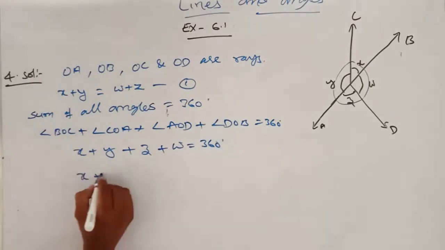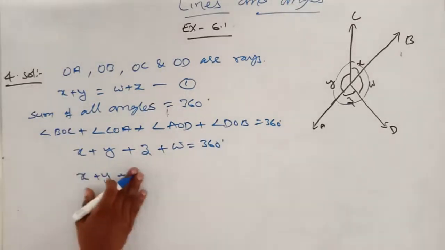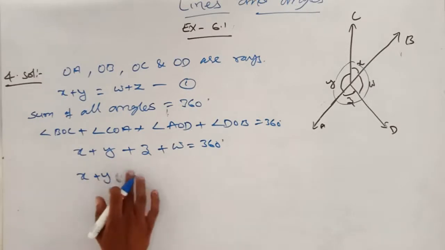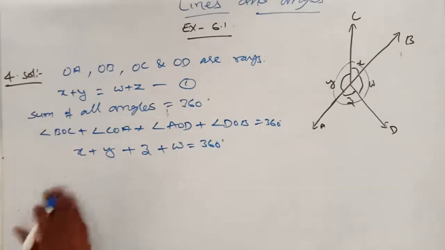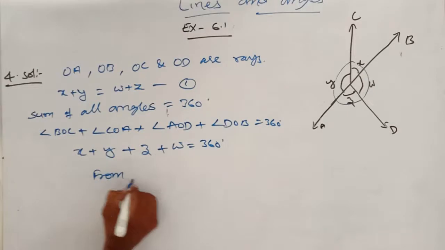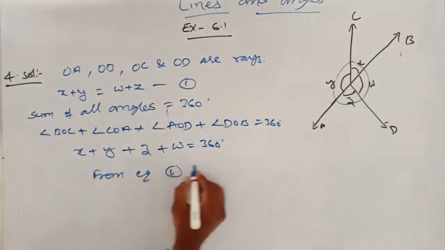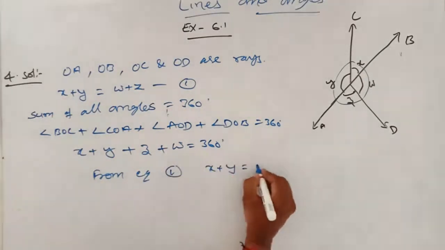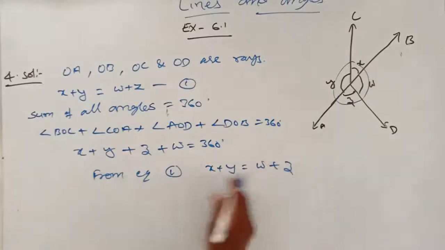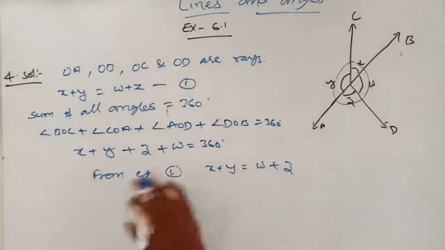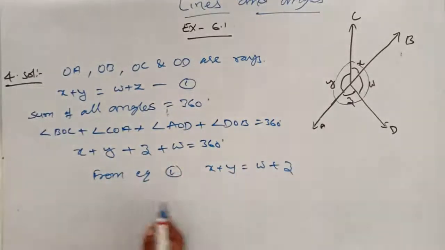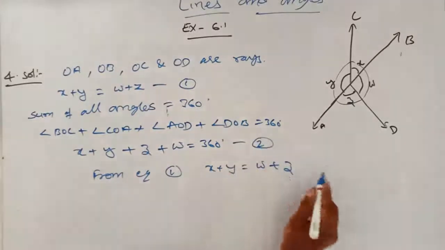Now here x plus y, from equation 1, x plus y is equal to w plus z. So either I can substitute w plus z is equal to x plus y, or x plus y is equal to w plus z in the second equation.